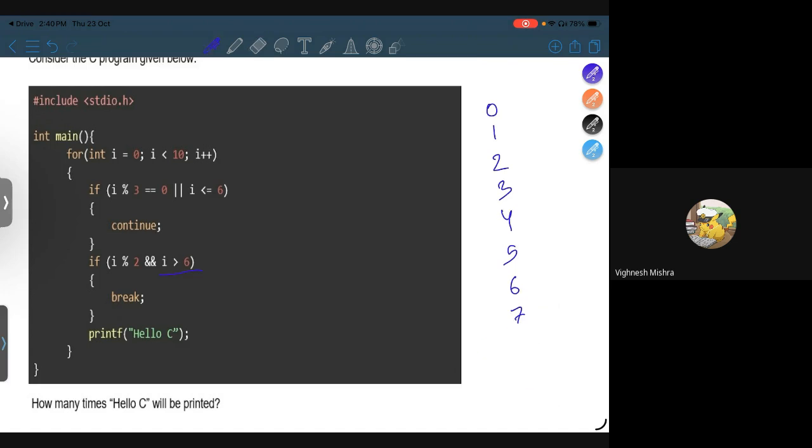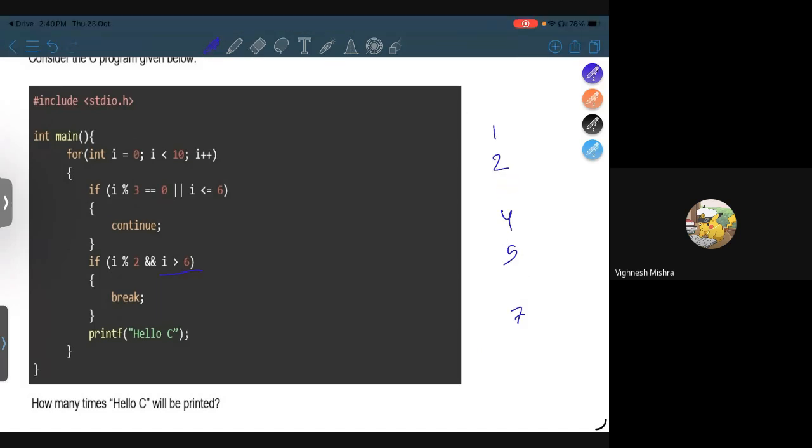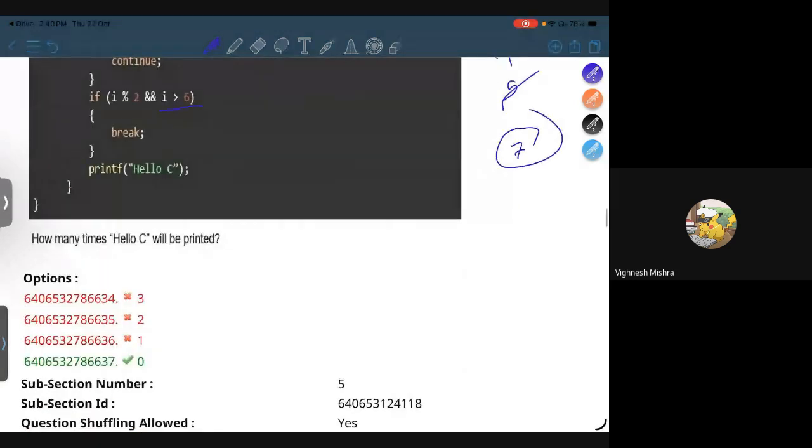And in the above condition, if it is divisible by 3, yeah, this is divisible by 3, this is divisible by 3, this is divisible by 3. So again, these values are also gone. And if it is less than or equal to 6, I think every value is covered here, 1, 2, 3, 4. These all get covered in this. Only 7 will be printed one time. Why?